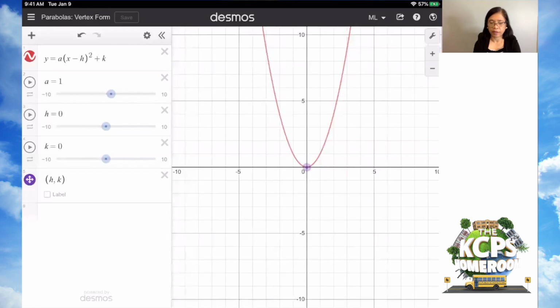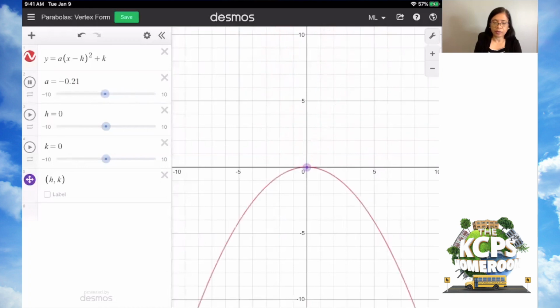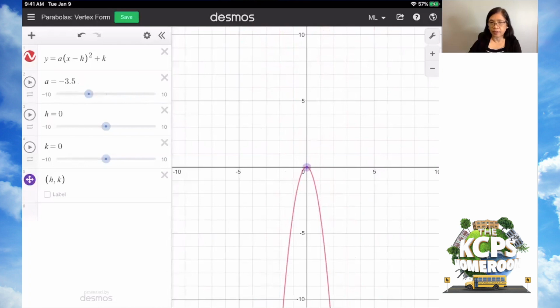If we change the value of a, the graph widens or narrows. If you make it bigger, toward 10, then going back, it becomes smaller and smaller until, when it's negative, it reflects downwards. Notice here a is -3.5. It's negative, so the graph opens downwards.